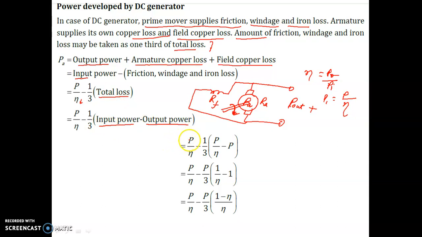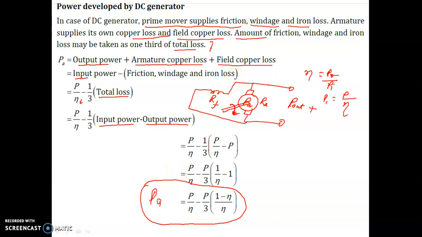So the equation can also be written as P by efficiency minus 1/3, and again input power is P by N minus output power P. After this, P is taken common, so 1/N minus 1 is coming. So this is the final average power relation of a DC generator.